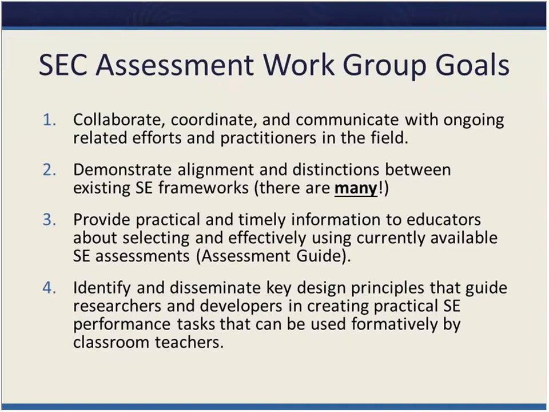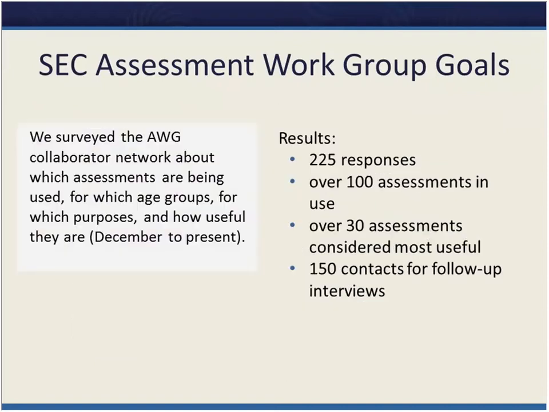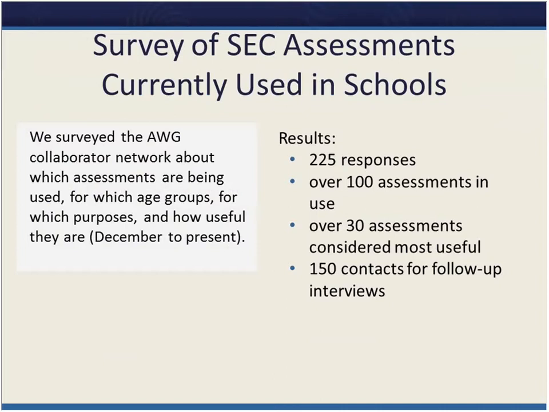And then finally, the fourth is a focus on practical performance measures, which is a design challenge that's happening annually. We're wrapping up our first year now. We're about to announce our year 1 winners, and we'll be opening up for a new round of submissions in the spring. So as I mentioned, today we're going to focus on that assessment guide and give you all a little preview of what's to come when it launches in beta in the fall.